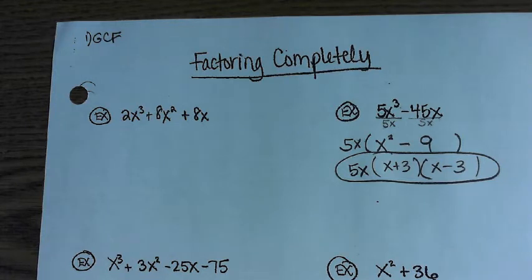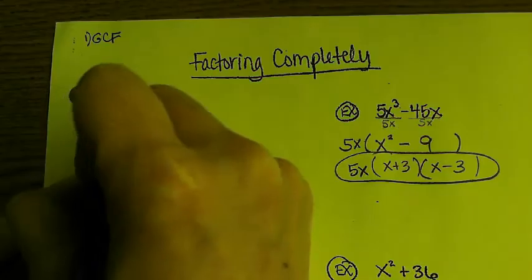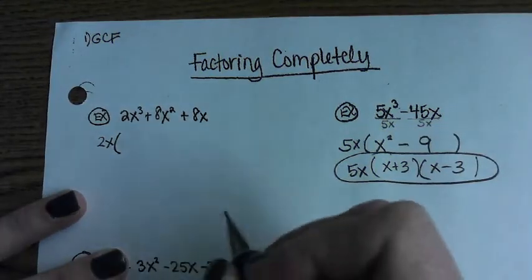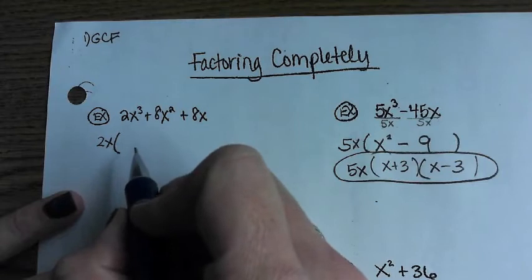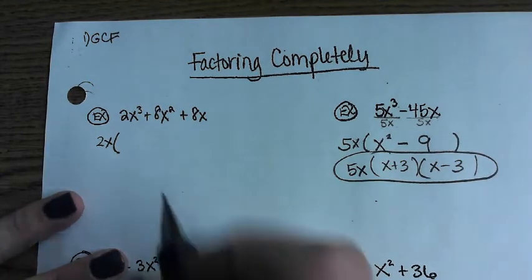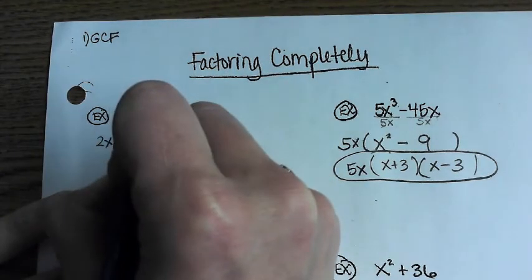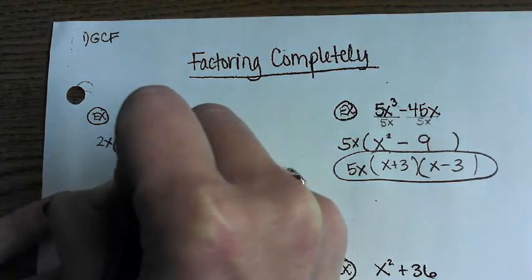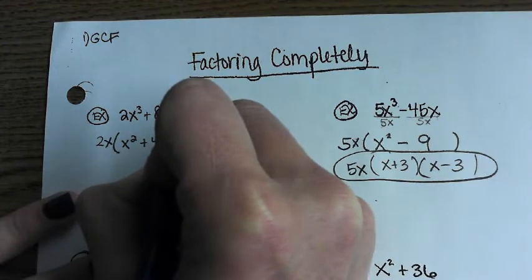On the next exercise, we're going to kind of go backwards now. Is there a GCF? And what is it? 2x. Pull that out. Good. And what are we left with once we pull that out, Natalie? Plus 4.